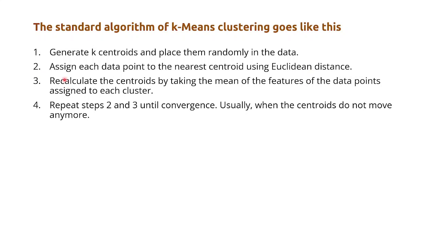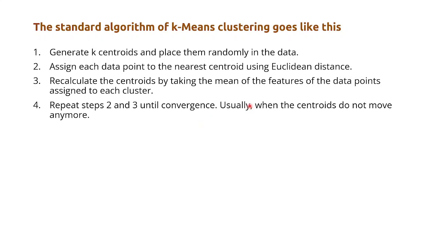After assigning each data point to the nearest centroid, we recalculate the centroids. We recalculate the centroids by taking the mean of the features of the data points assigned to each cluster. Then we repeat steps 2 and 3 until convergence. Usually, convergence is when the centroids do not move anymore.